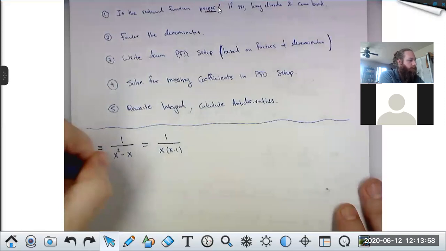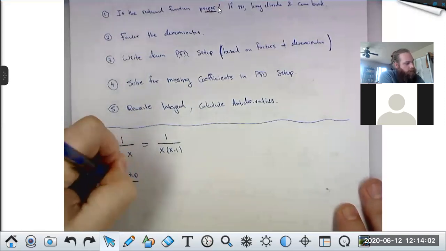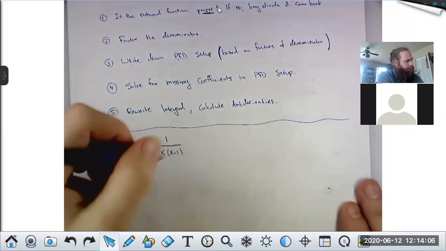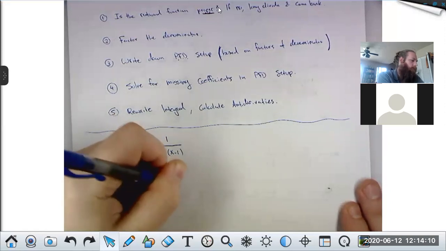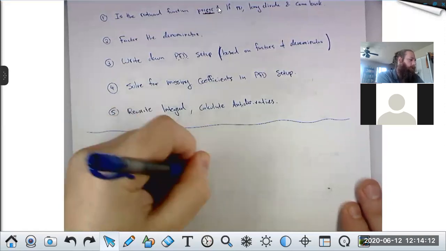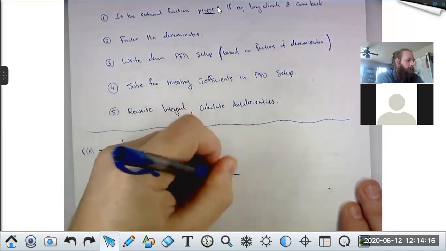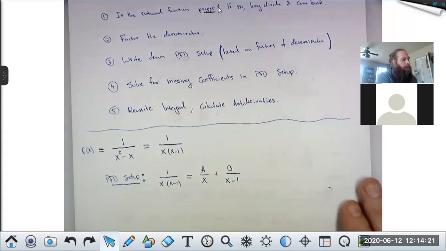So the PFD setup for this guy, and I know I haven't given you the rule yet, I'm showing you some examples, looks like this. I take my function and I write it as a over x plus b over x minus 1. What's going on here is I'm asking, where could this have come from?